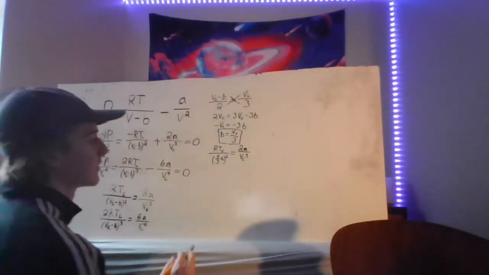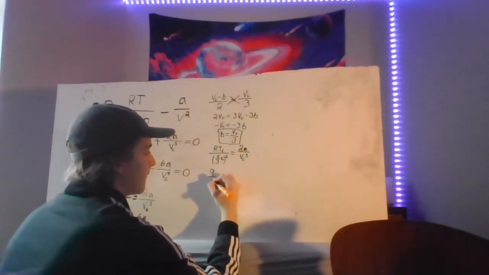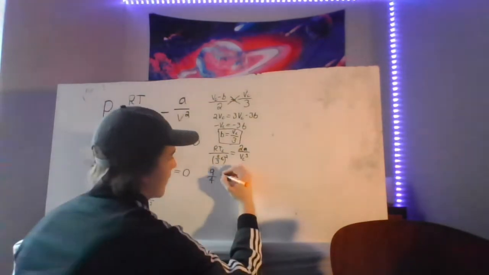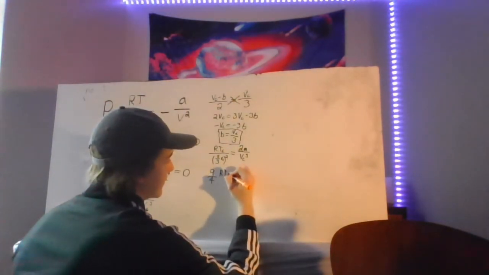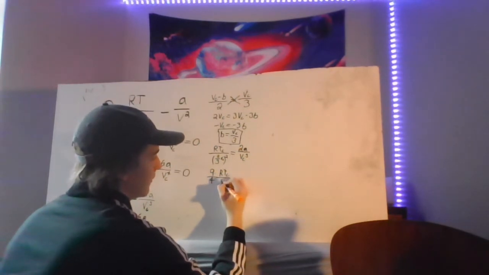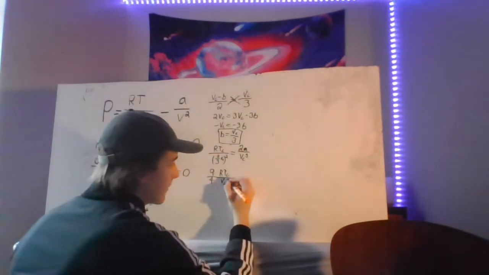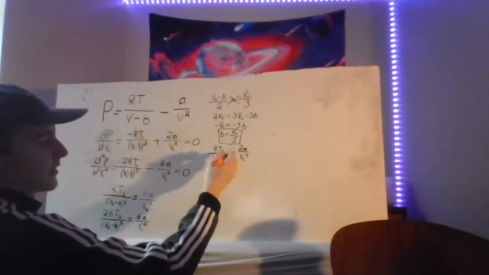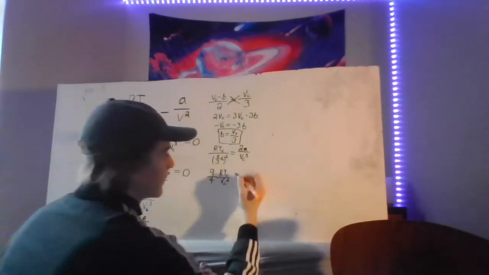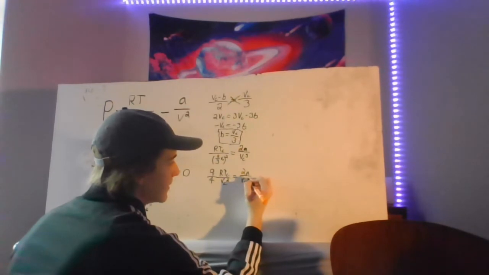So we can simplify this to 9 over 4 times RTc over Vc squared, because all you're doing is just squaring these, and then that'll still equal 2a over Vc to the third.